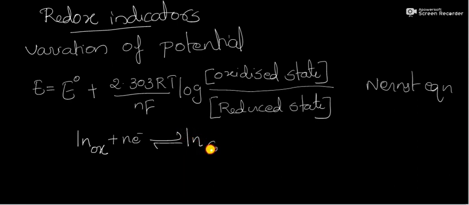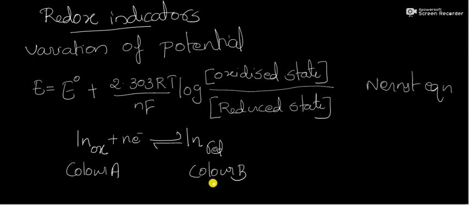In the oxidized form, it exhibits one color, let it be color A. In the reduced form, its color will be another color, let it be color B.